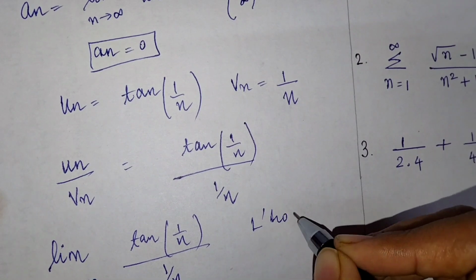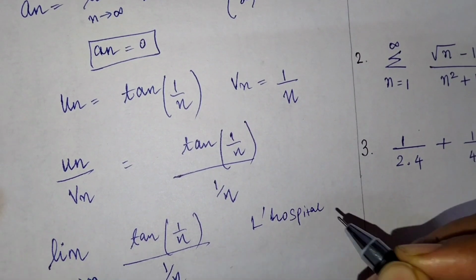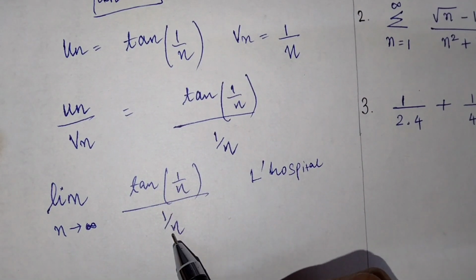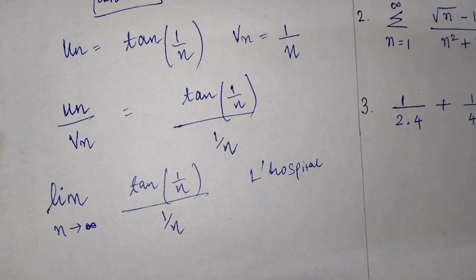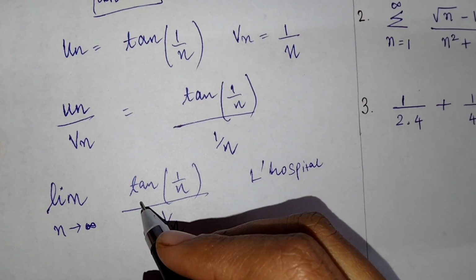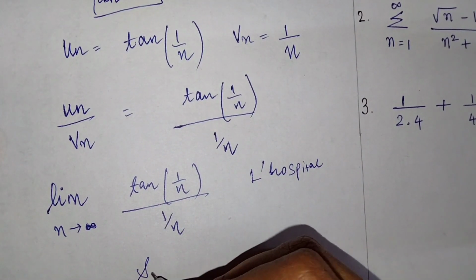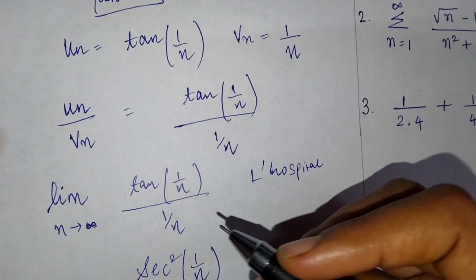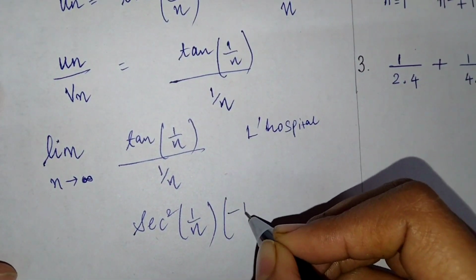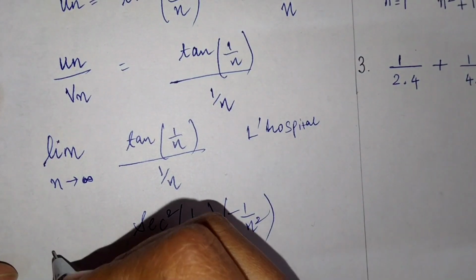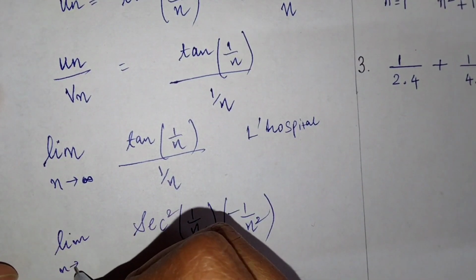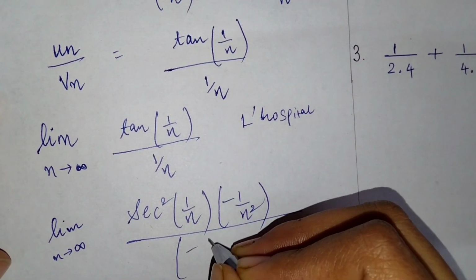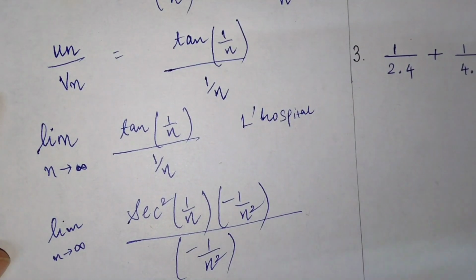So by using L'Hospital's rule, we will differentiate the numerator part and denominator part. What is the differentiation of tan theta? That is sec square theta, that is sec square(1/n). And differentiation of 1/n will be minus 1 by n square. Differentiating the denominator part, we again get minus 1 by n square.